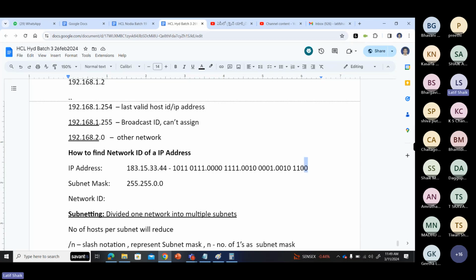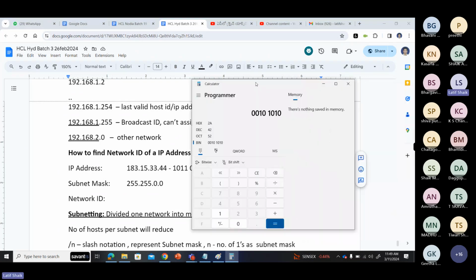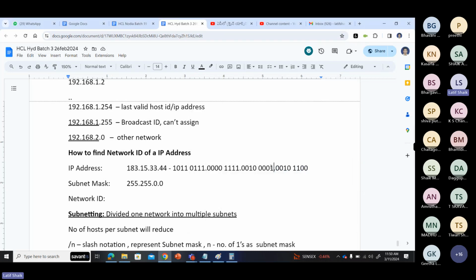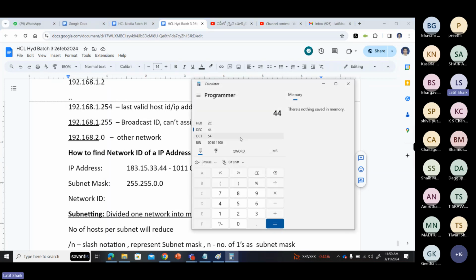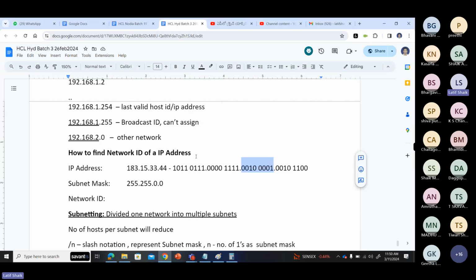Correct, this is correct. I made a mistake in my speed. It is 44, exactly correct, because I wrote 33 and there is no mistake in it. Even for a big one, we can calculate.